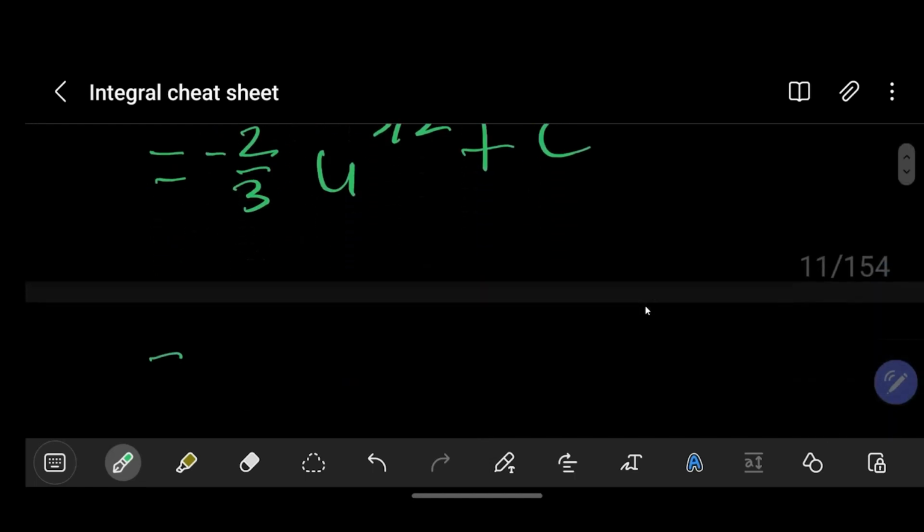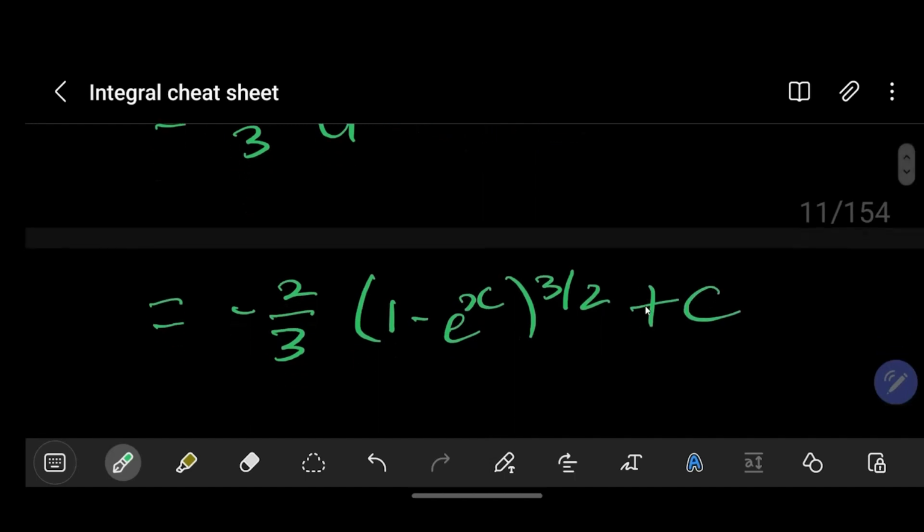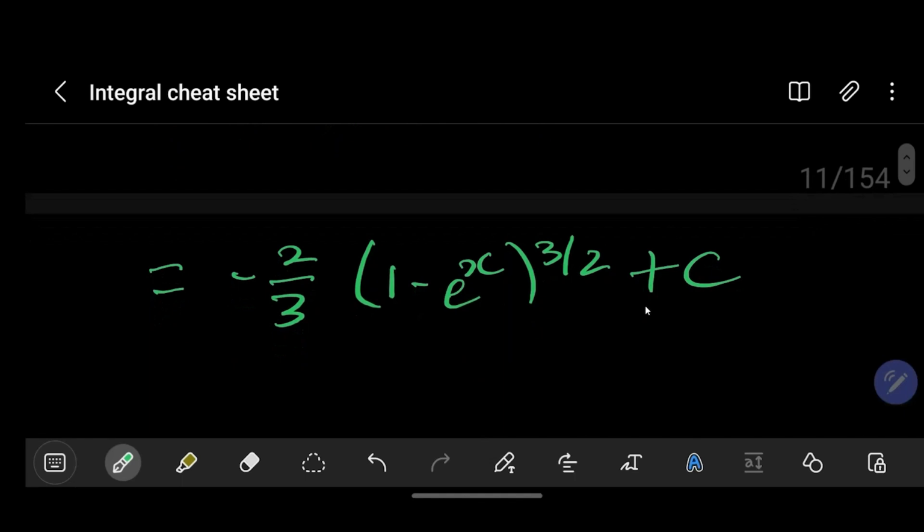So now we have minus 2/3 times (1 minus e^x)^(3/2) plus c. Okay, so that's basically the answer. You can simplify further if you want to, and make it into the square root of (1 minus e^x) all cubed. I'm not going to do that. I'm going to move on to the next example.